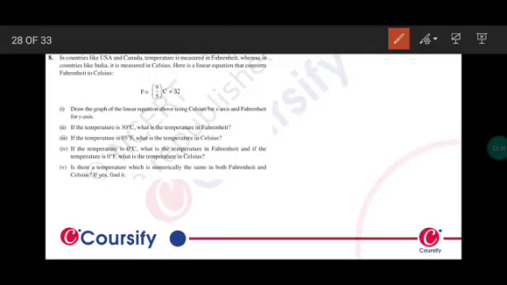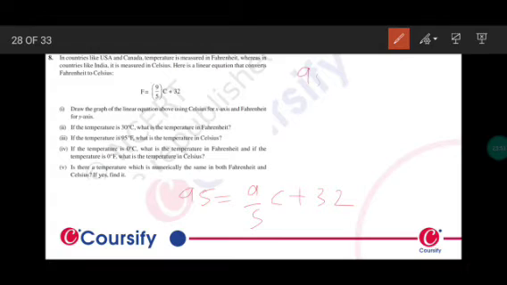Third part, that is if we have 95 degrees Fahrenheit, what is the Celsius scale? So we will write 95 = 9/5 C + 32.